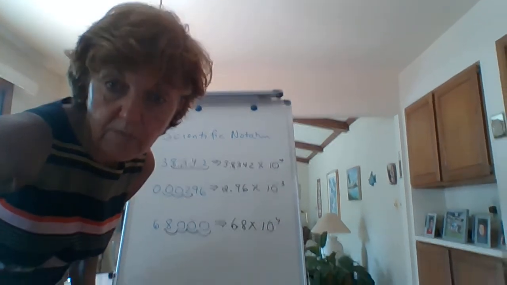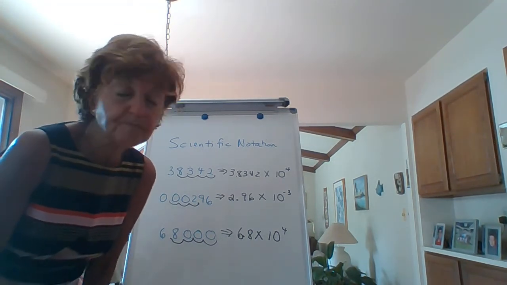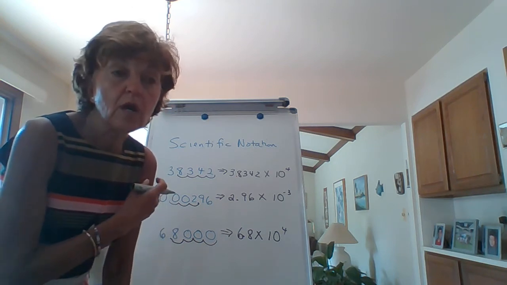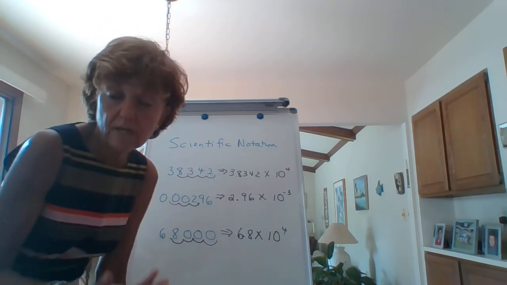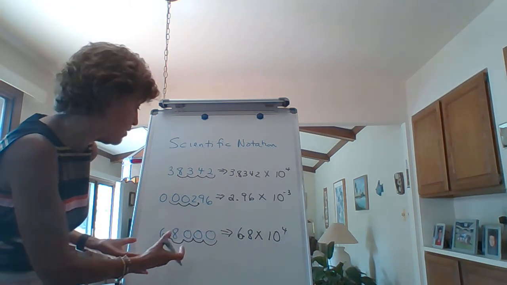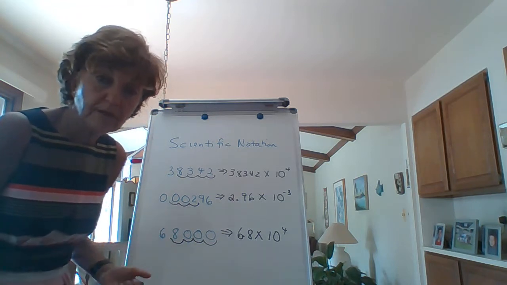Okay, now let's tweak this a little bit. Let's say you were doing a calculation, and you needed to round it to, let's say, 4 sig figs. And this was your answer in the calculator, 68,000. But you have to report it as 4 sig figs.